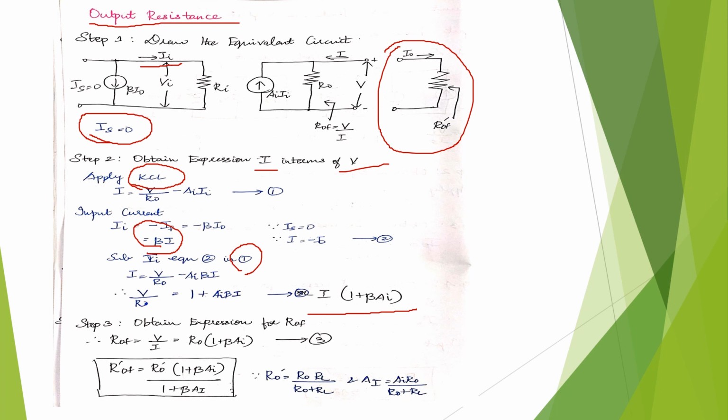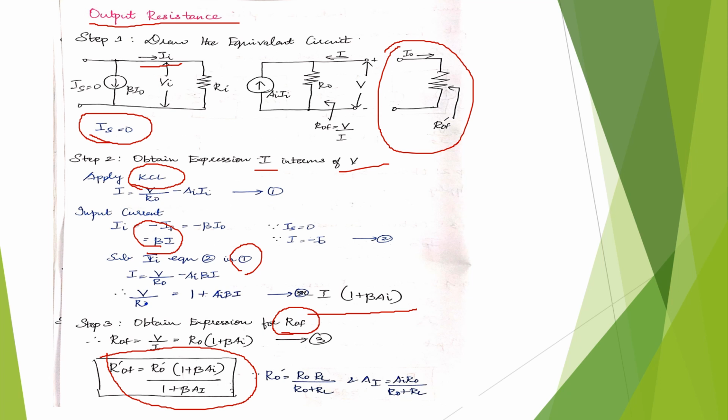Our next step, we are going to find out the expression for the output resistance with feedback. So the output resistance with feedback is given by voltage divided by the current. So we know already what is the value of the voltage, and as usual the current value. Hence, our final equation becomes Rof dash is equal to Ro dash into 1 plus beta Ai with the gain, divided by 1 plus beta Ai.